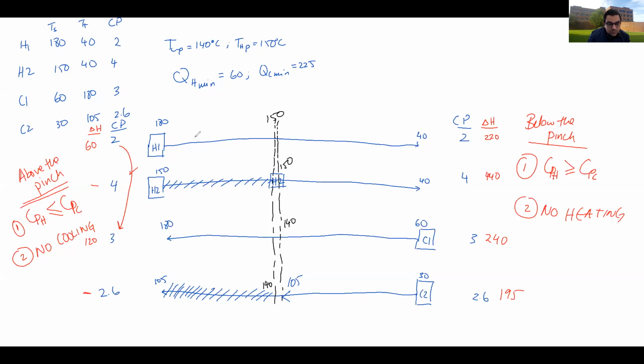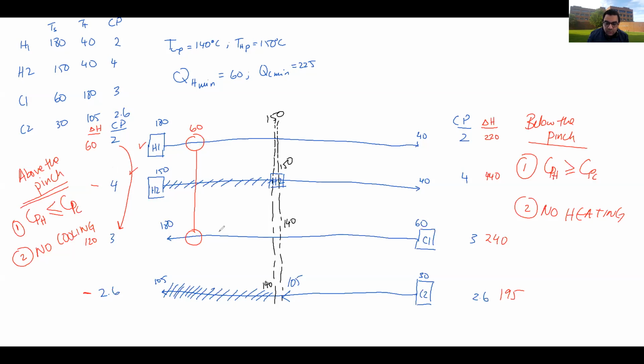So I'm going to draw one heat exchanger here, all the way down here. And let's have a look. This hot stream has 60. This cold stream has 120. So I'm going to transfer all the 60 from this stream to this stream. So H1 is satisfied.